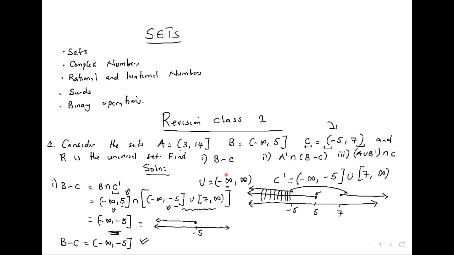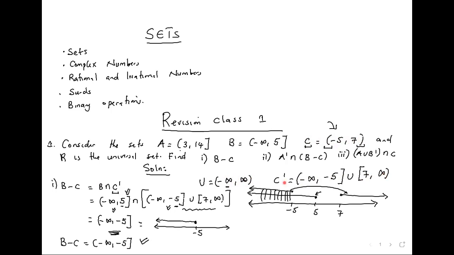You have the universe from -infinity to +infinity, so you pick whatever is not in C. Since C is from -5 to 7, the complement will run from -infinity up to -5, skip, and start from 7 up to +infinity. Because -5 and 7 are not included in C, they will be included in the complement. That's why the complement comes out like this.